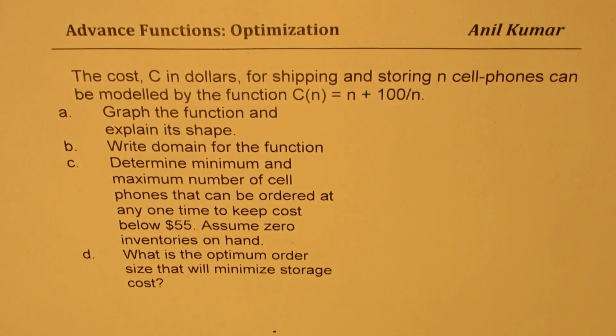Determine minimum and maximum number of cell phones that can be ordered at any time to keep cost below $55. Assume zero inventories on hand. Part D is, what is the optimum order size that will minimize storage cost? You can always pause the video, answer the question, and then look into my suggestions.